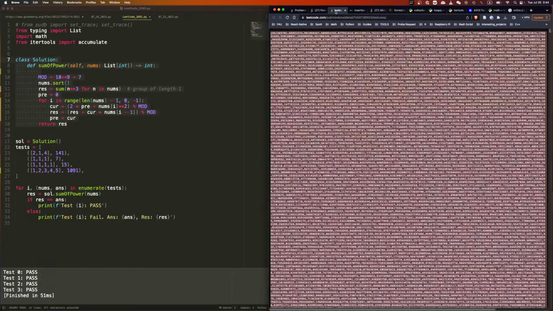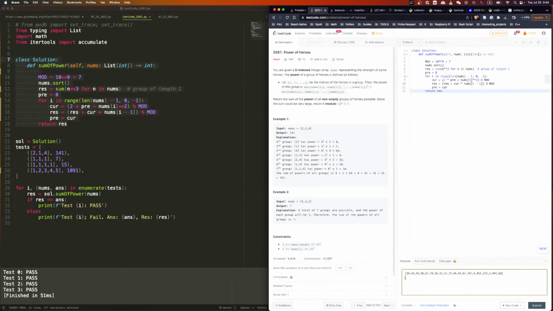In fact, we can use this as a test case. Hold on. We just need to delete the 10. Give it a shot. How's this one go? Yep, we got it.